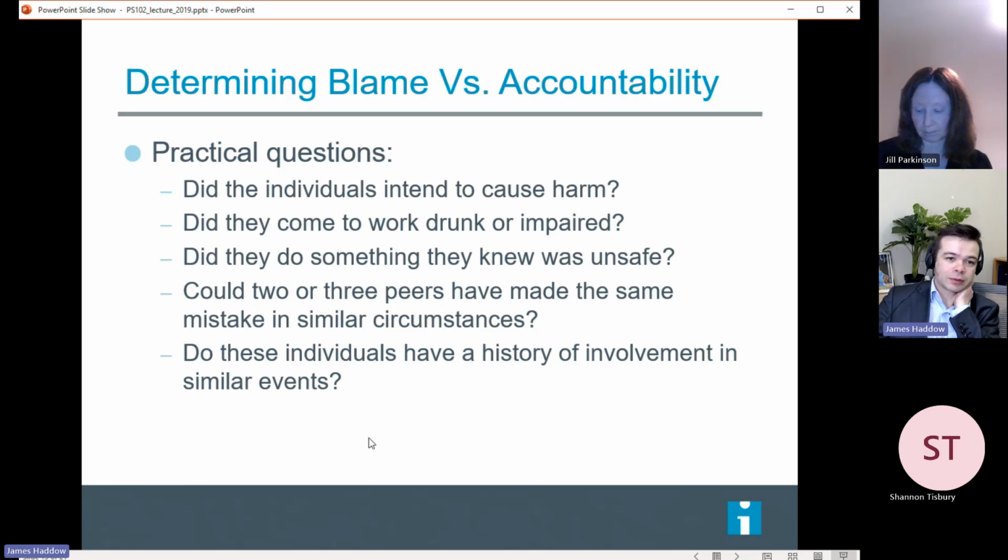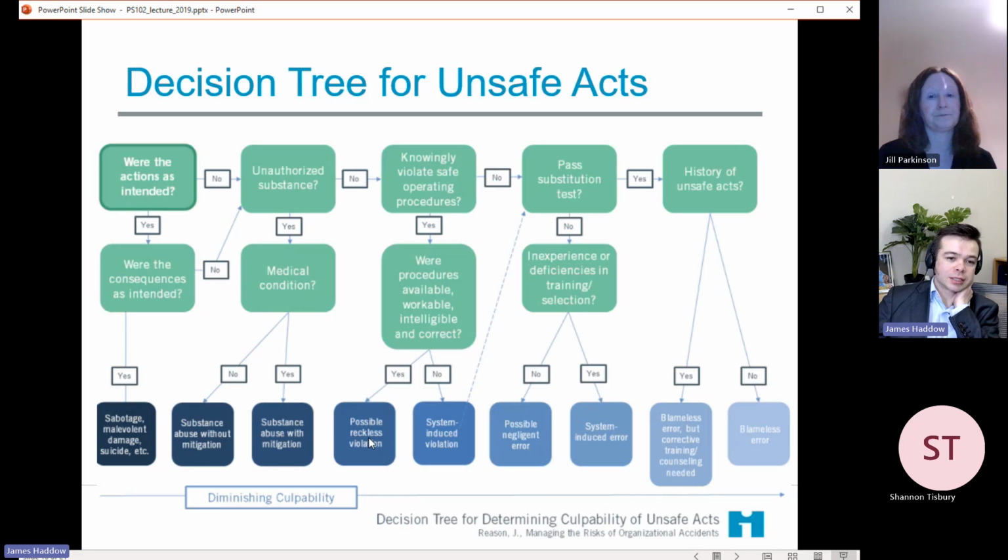So it's difficult. This is a decision tree which helps you probably realize that it's actually a spectrum. It's not were you to blame or not. It's much more of a spectrum. So on the left hand side here, we got sabotage, malevolent damage, suicide, criminal acts, really, basically.